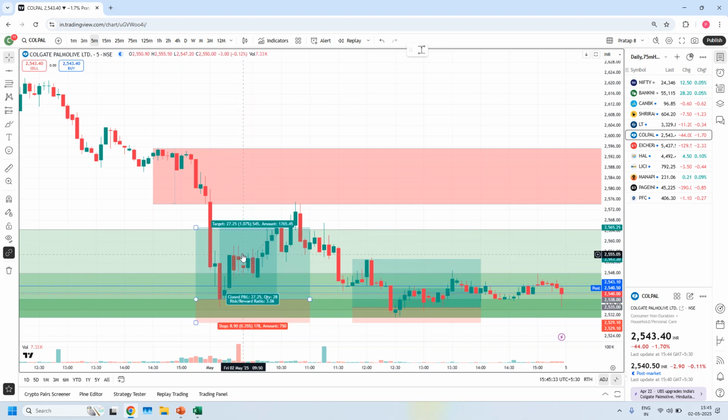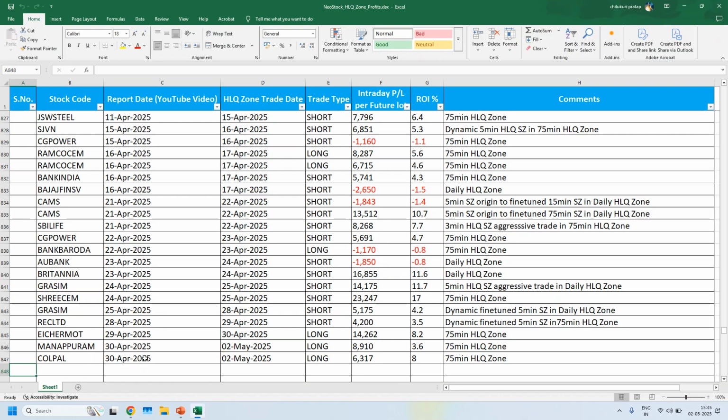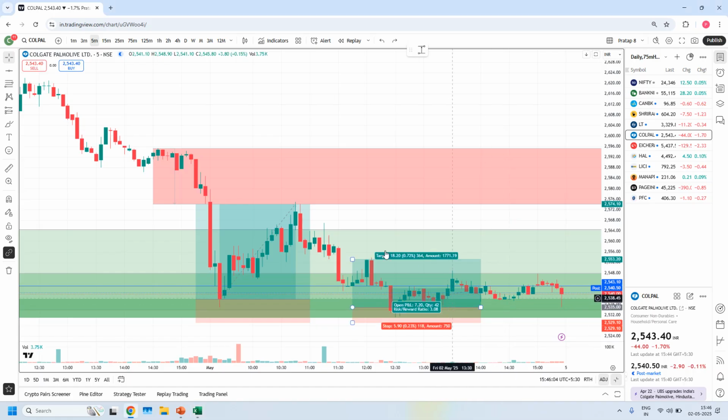Okay, anyway, till this 15 minutes target, Colgate might have given you 6,317 rupees profit, which is 8% ROA as per one futures margin cost. See, this futures margin is very less, around 86,000 or 96,000. So that's why for 6,000 we got a good ROA. Look into the next one, Manappuram.